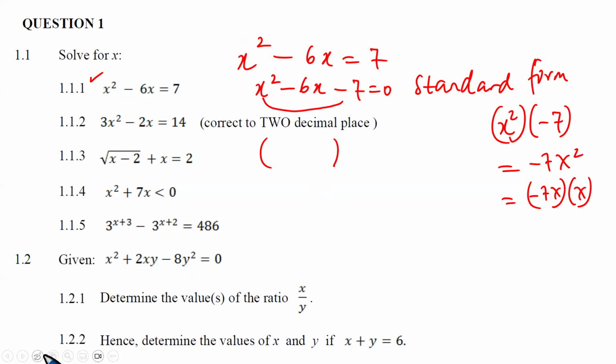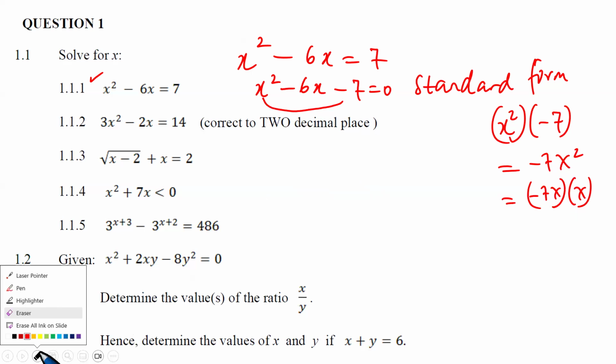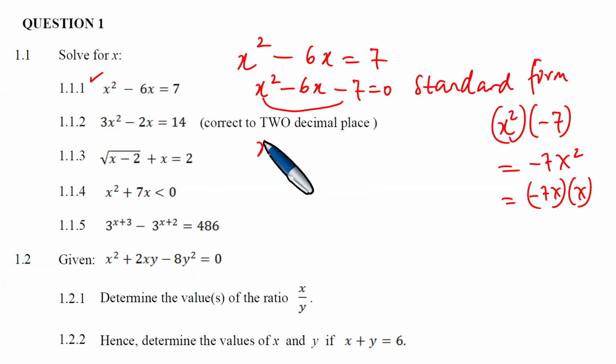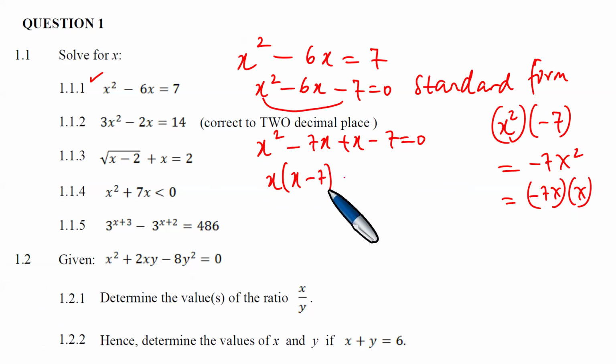At which point we realize that we have x squared minus 7x plus x minus 7 equals 0. We take out the highest common factor of the first two terms. What is the highest common factor of these first two terms, Tando? x, leaving us with x minus 7, and then here we have x minus 7, and the result is 0.